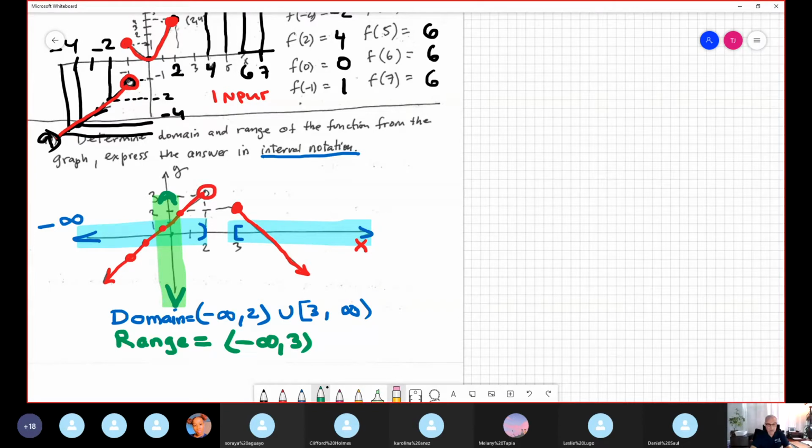The challenge is, you know, sometimes we have a hole, sometimes we have a gap, sometimes we have discontinuity. You need to be aware to determine it. And this is easy. It's also projection. When you pick any point here and you project it onto the x, this is the domain.